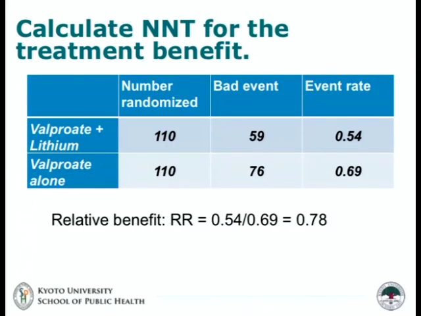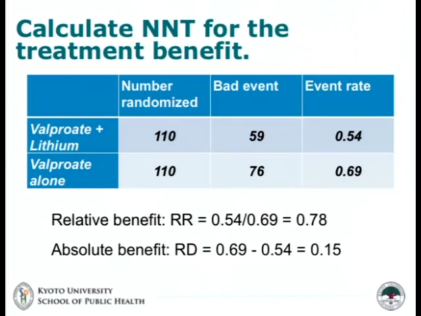The relative benefit of the combination therapy over valproate monotherapy may be expressed by dividing the former event rate by the latter event rate. This is the relative risk, RR. The absolute benefit of the combination may be expressed by subtracting the former from the latter.